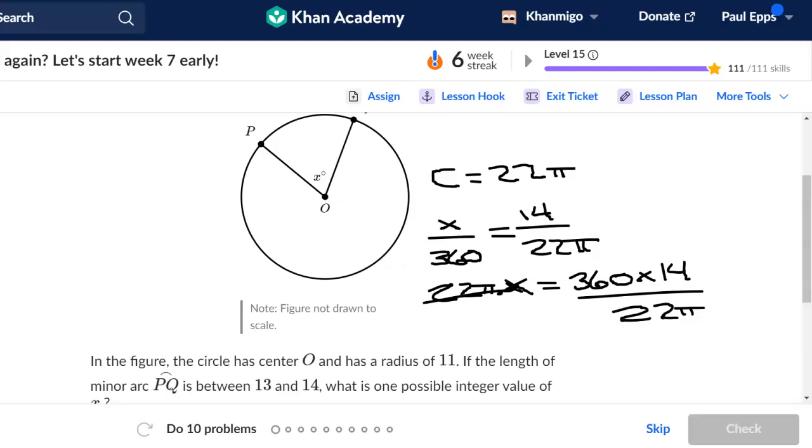Now, it's not exactly 14. They gave us a number between 13 and 14. So let's try that. I'm going to write it down so I don't forget it: 360 times 14 over 22 pi. All right, bring on the calculator. Exit the drawing.